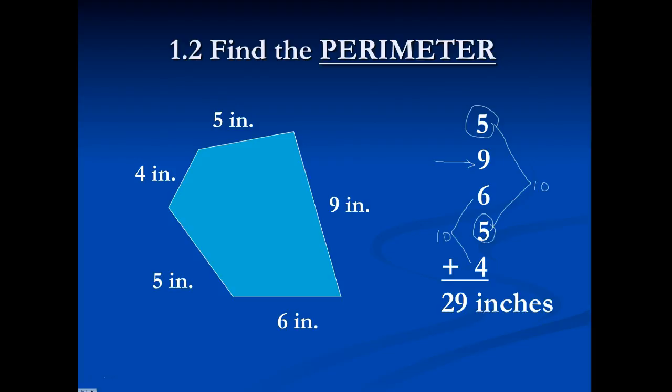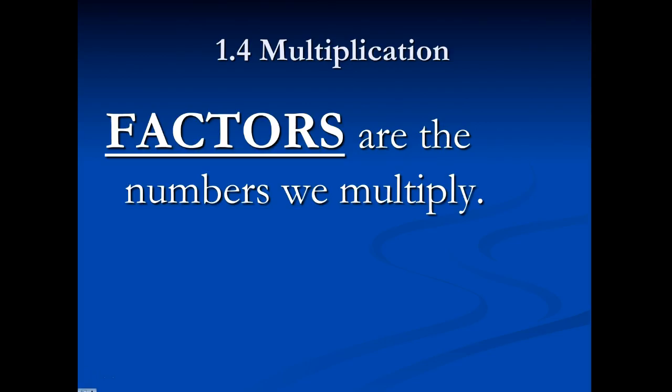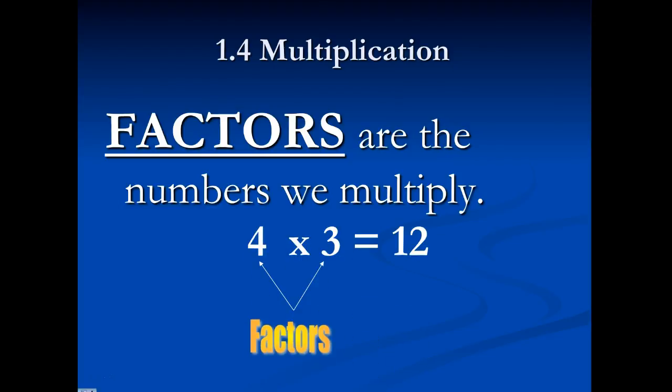The next screen has this word factors there. That's an important one, and you'll want to spend a few minutes and make sure you understand what a factor is. Factors are the numbers that are multiplied to get something else. And that's going to get a lot harder when we get into chapter 2 and 3 with fractions. But you're going to need to know that, let's say I had this problem 4 times 3, that the 4 and the 3, those are factors of 12.